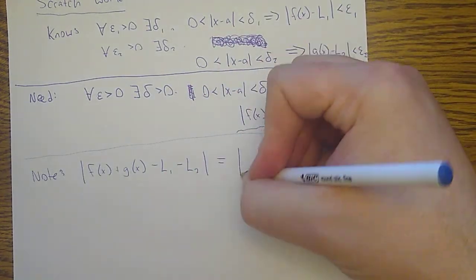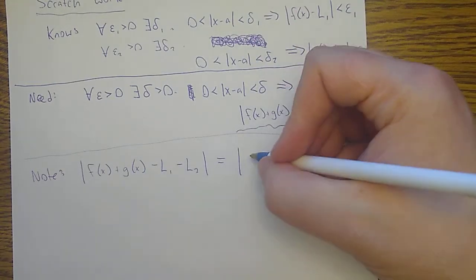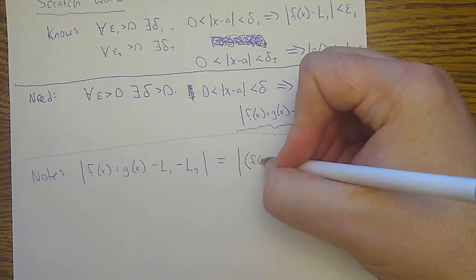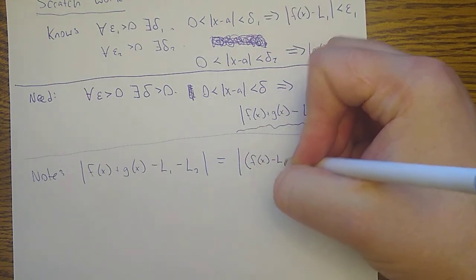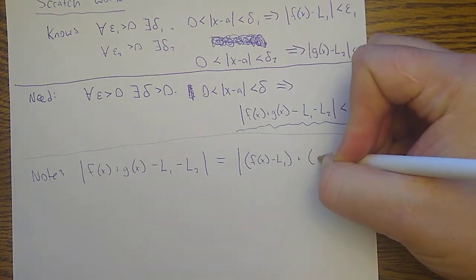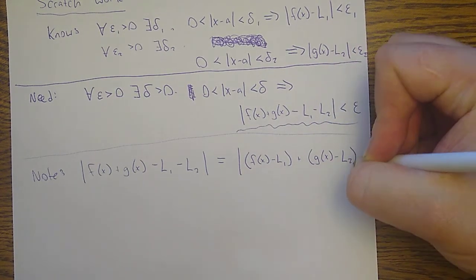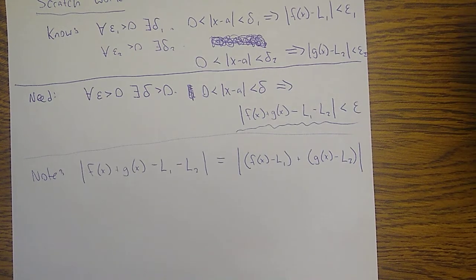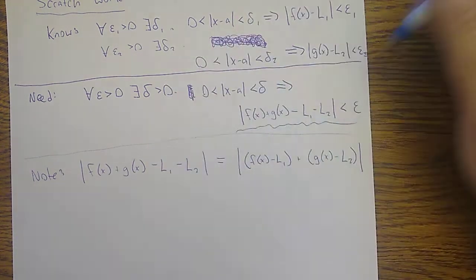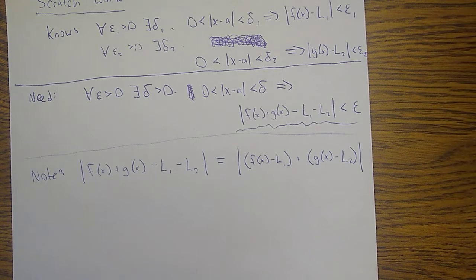I can group these things together: f of x minus L1, plus g of x minus L2. Right, that's the same thing. I didn't change anything. I was just rearranging stuff.